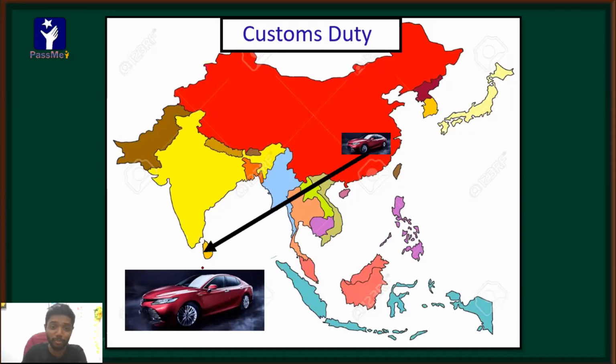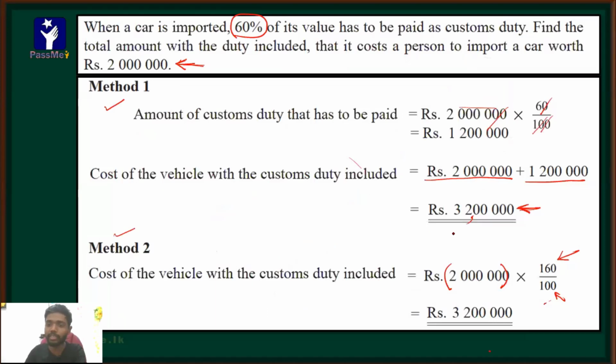The person who imported this car has to pay two types of expenses: one for the actual amount of the car, and one for the custom duty to the Sri Lankan government. All these two items have to be considered by the person who imported this car. That is why we add these values to find the final answer. So I think this is very clear to you.